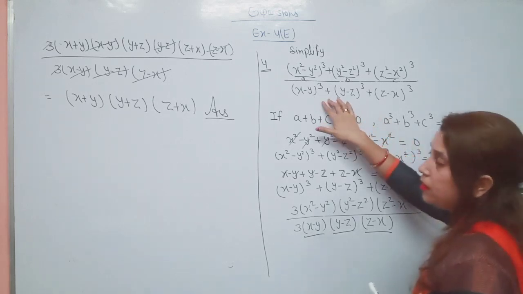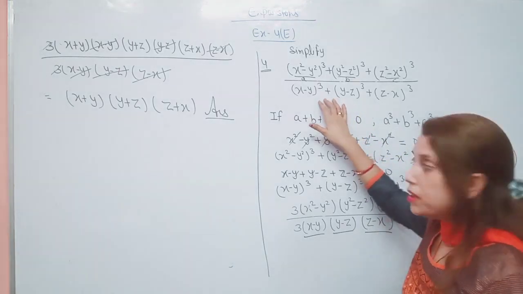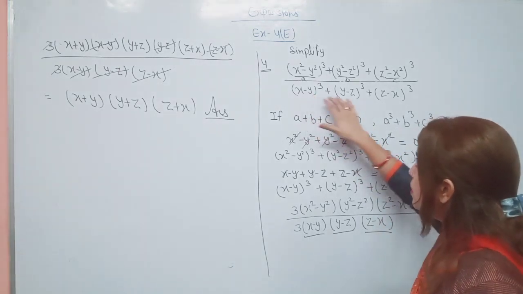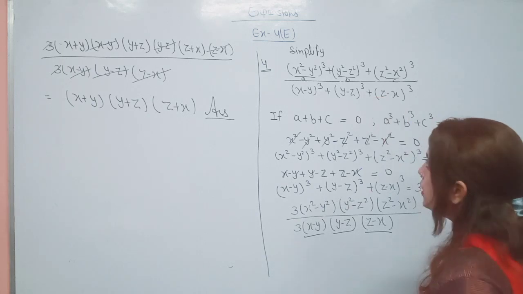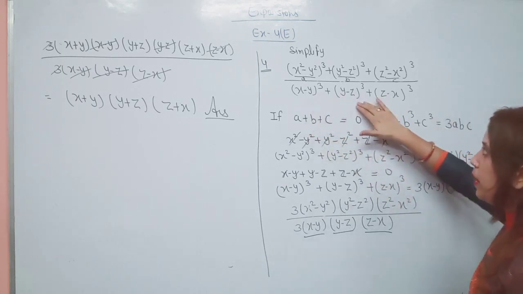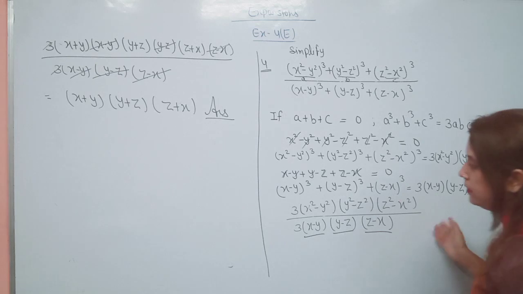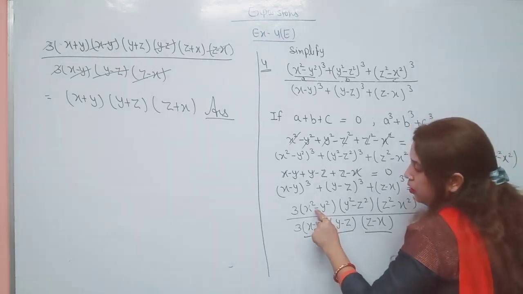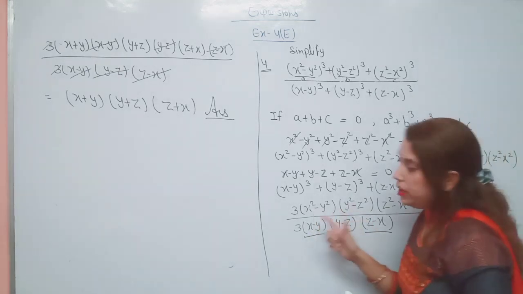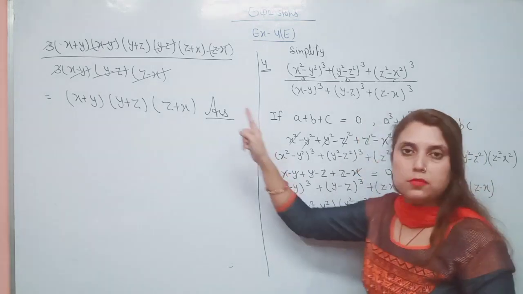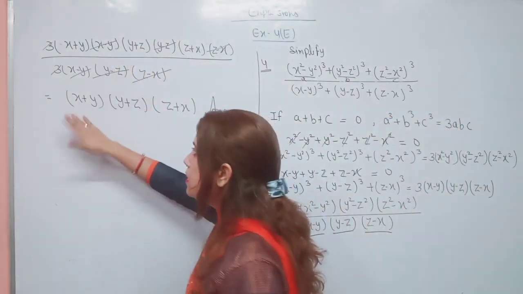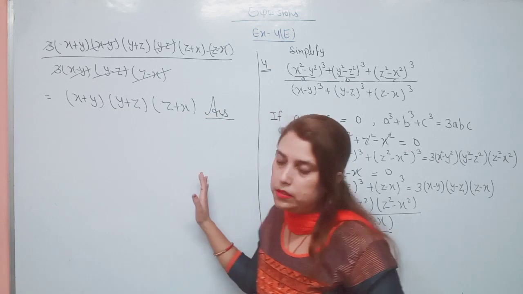Same as it is, we find for the denominator, a³ + b³ + c³ is equal to 3abc, where a is x − y, y − z, z − x. And in the last we open the identity of a² − b². We know that a² − b² is (a + b)(a − b), and then cancel. This is the final answer.